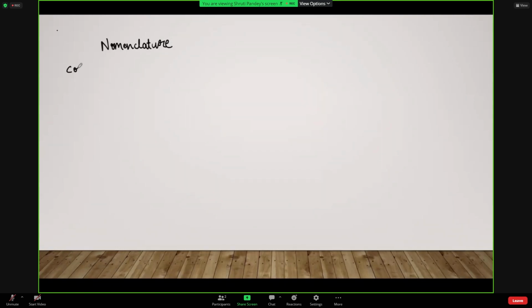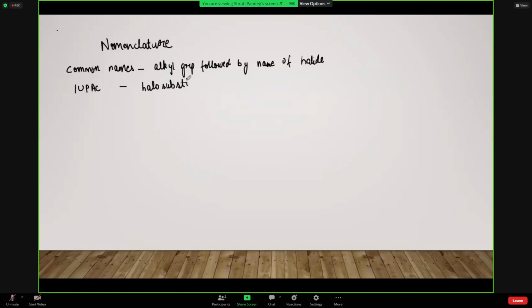So with respect to common names, the general pattern of naming is: alkyl group followed by the name of halide. अभी it will be clear when we'll do the examples, बहुत clear हो जाएगा. और IUPAC के बारे में बात करें तो the general pattern is halo substituted hydrocarbons. ठीक है.